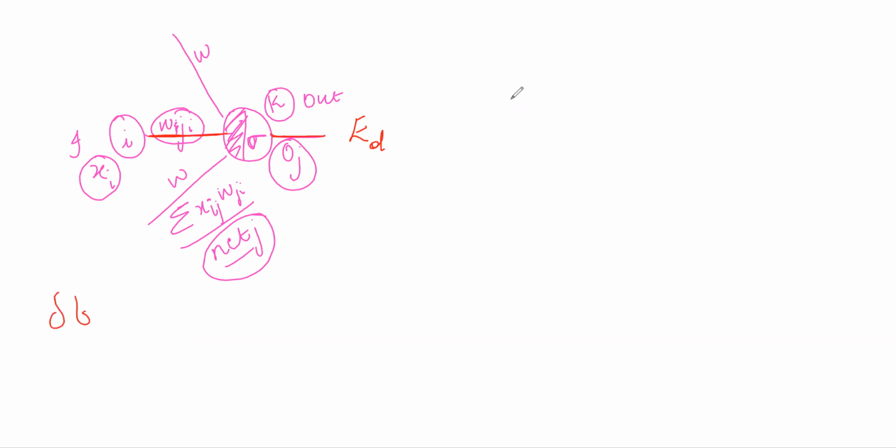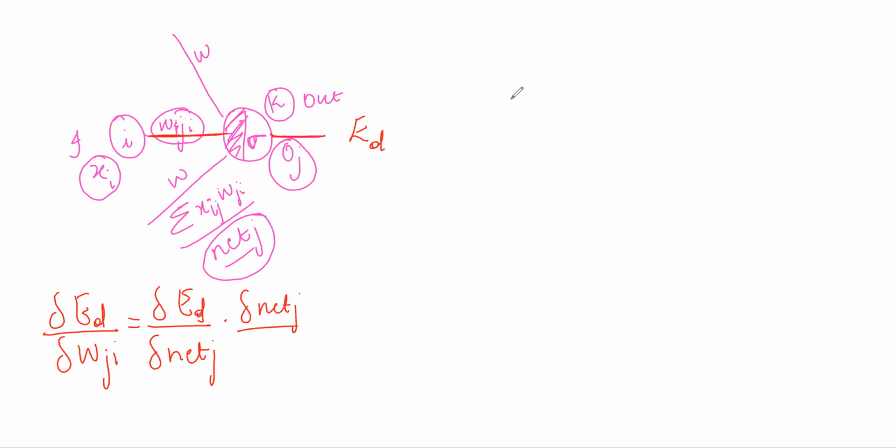Delta ED with respect to delta Wji is equal to delta ED divided by delta net j into delta net j divided by delta Wji. Does this seem to be right?